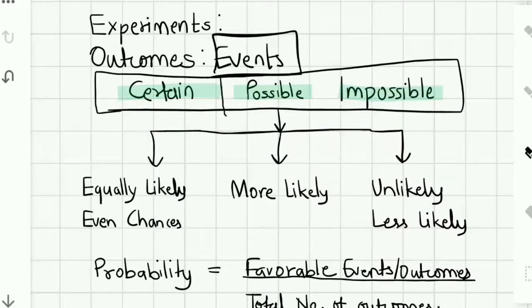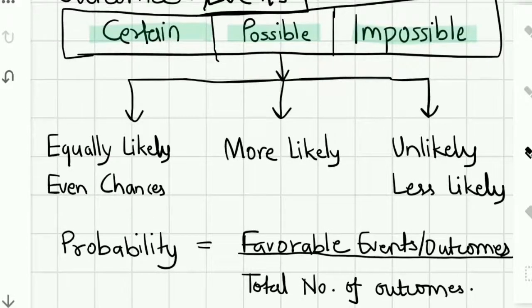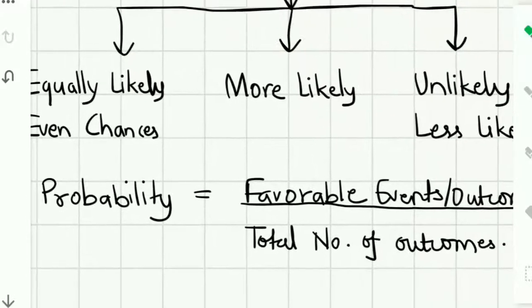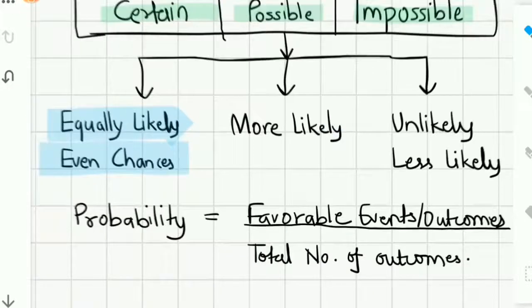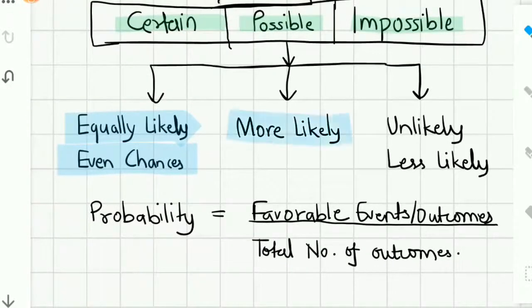And possible events are further classified into three categories. One is equally likely or even chances. Second is more likely. And third is unlikely or less likely.